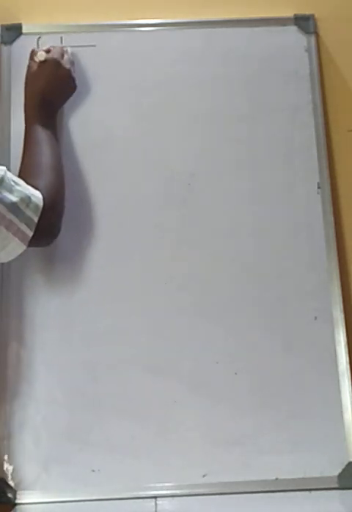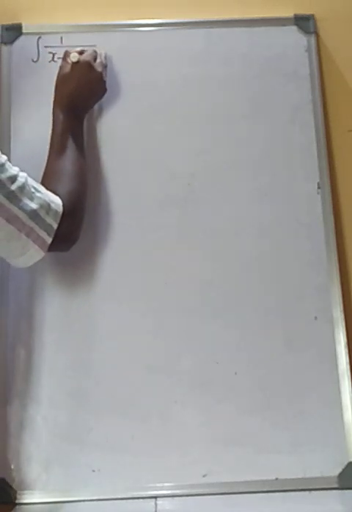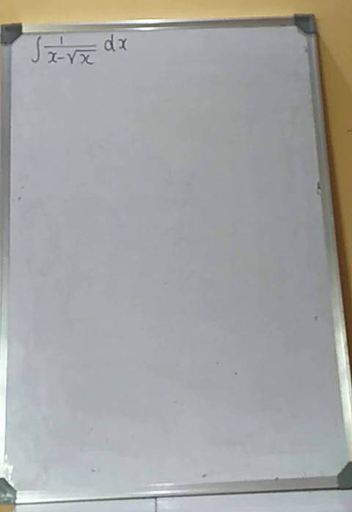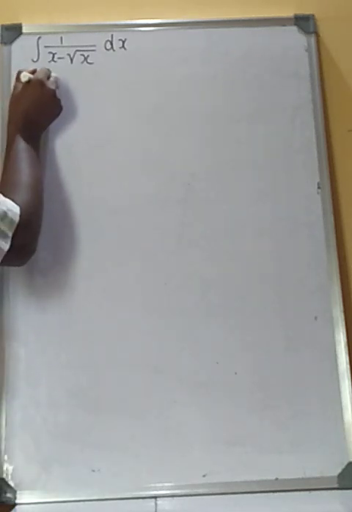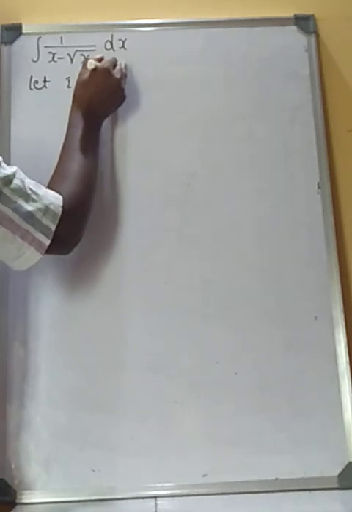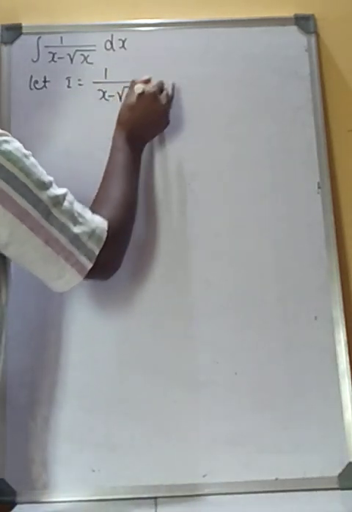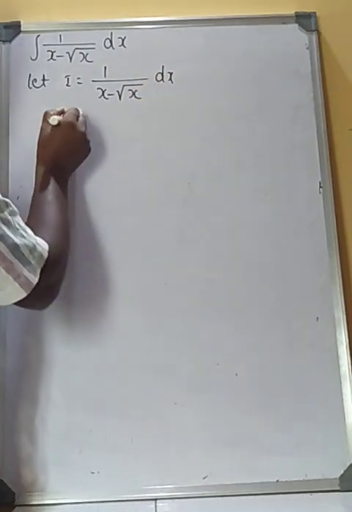The next example, one more example: integral of 1 by x minus root x into dx. So let I equal 1 divided by x minus root x into dx.